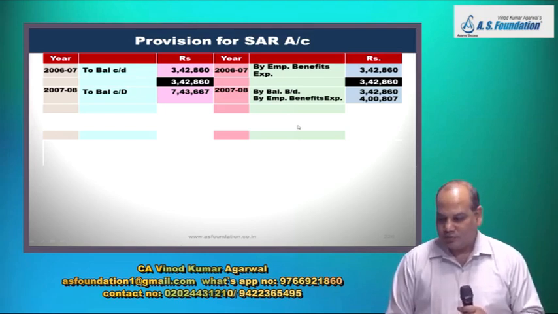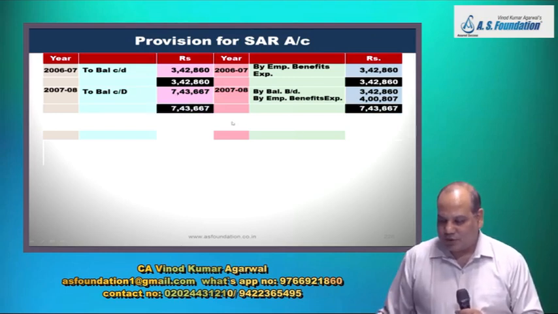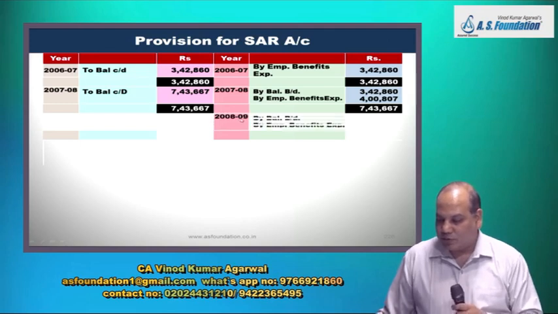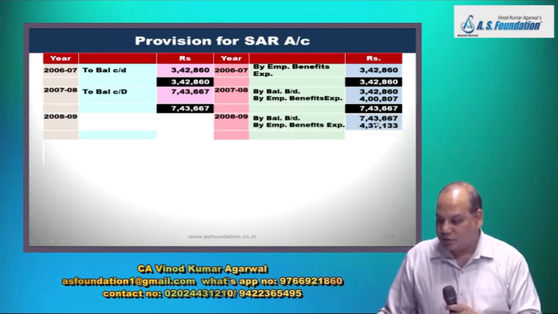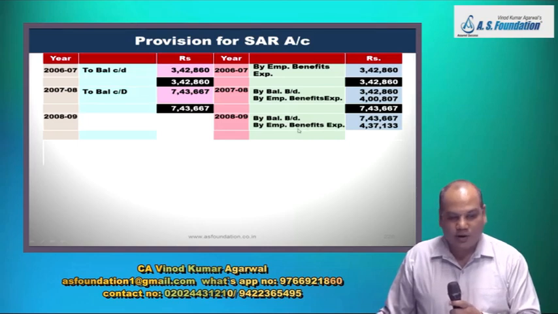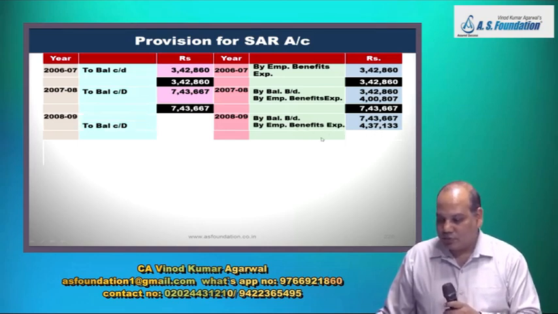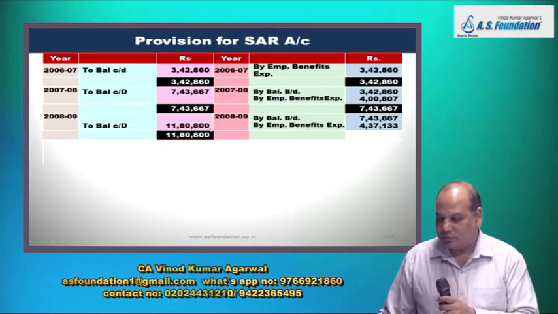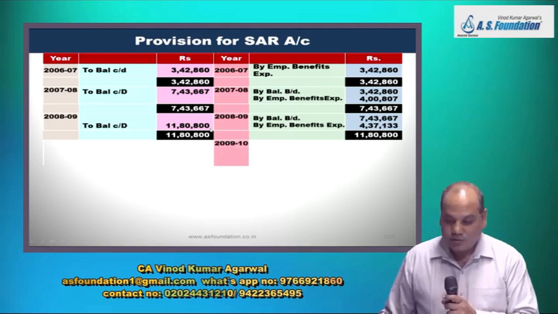Correct? Just normal accounting. 743,667. Now write down on the credit side next year 1/4/2008, by balance brought down 743,667, by employee benefit expense 437,133 and to balance carried down 11,80,800. Answer is not over.